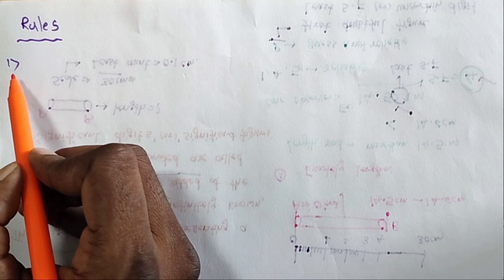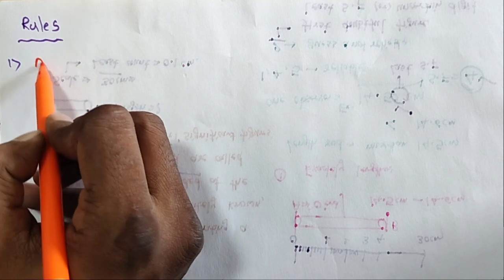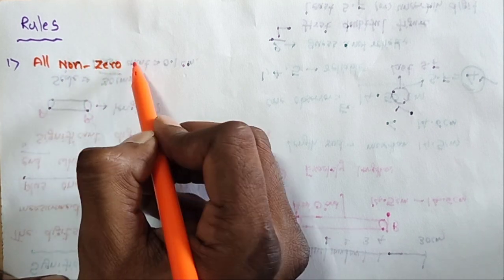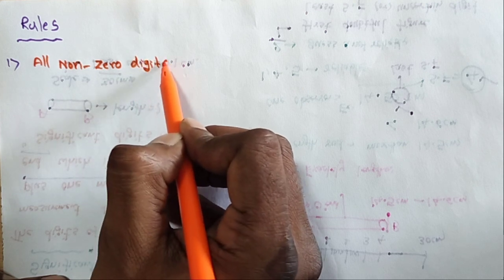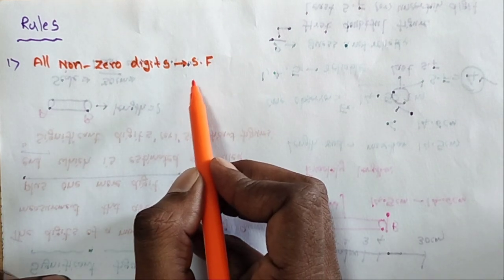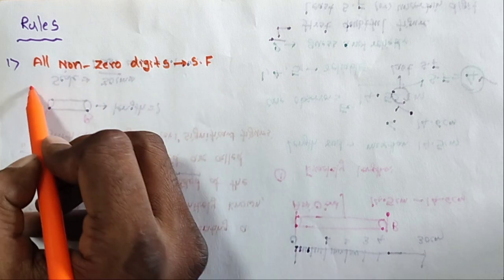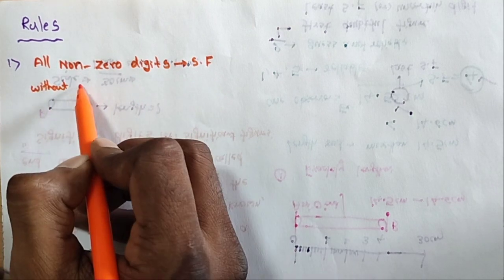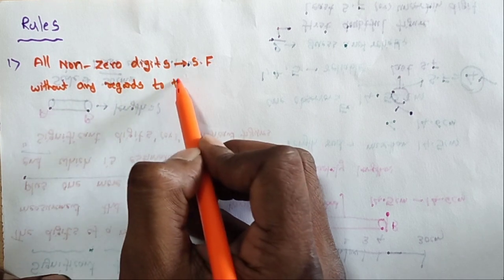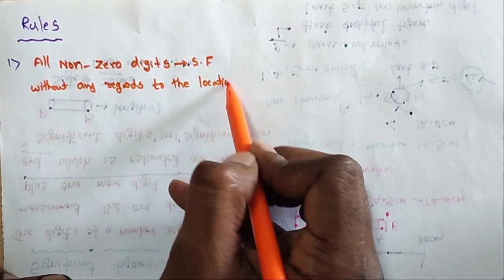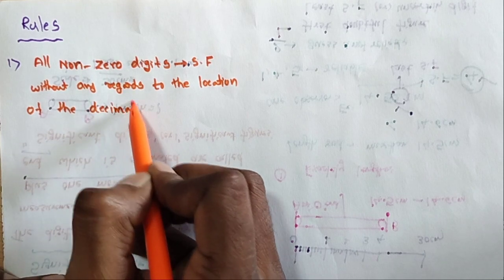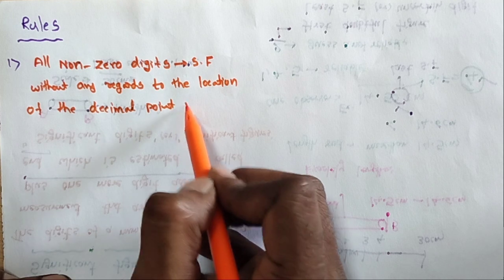Rule number 1: all non-zero digits are significant, without any regard to the location of the decimal point, if any.